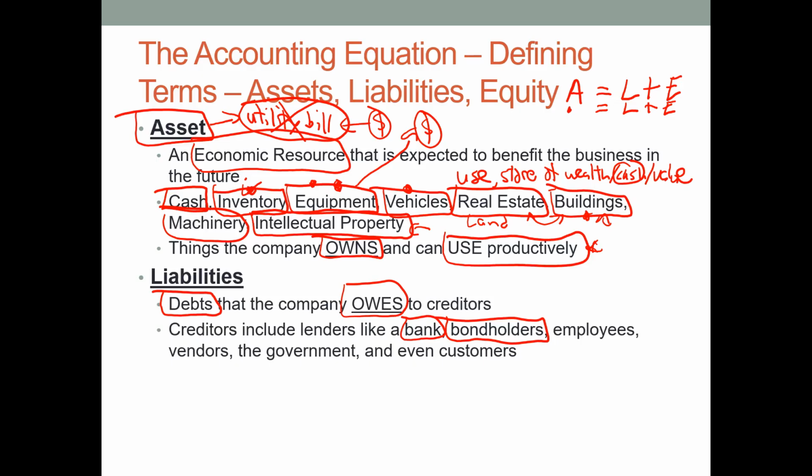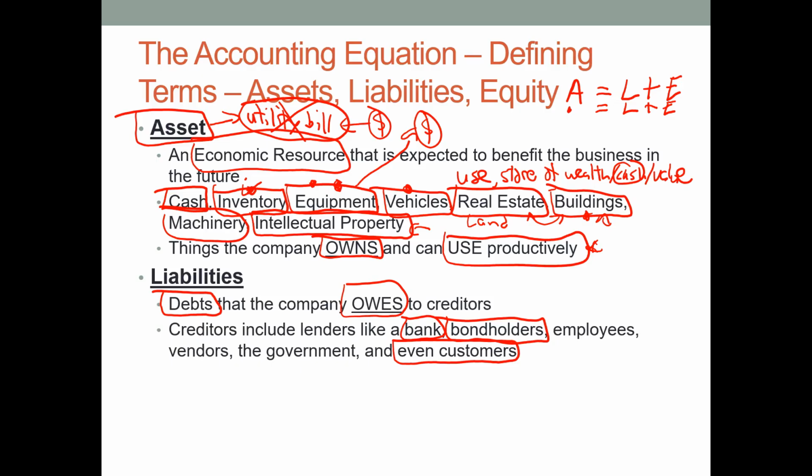You can even have liabilities to your customers. What is an example of this? An airline. When you buy your airplane ticket, you pay money for that ticket, and maybe you're not going to fly for a month or two. So you've given money to the company, and they owe you a flight, right? They haven't given it to you yet. They've taken your money, they've essentially borrowed that money, but they owe you something.